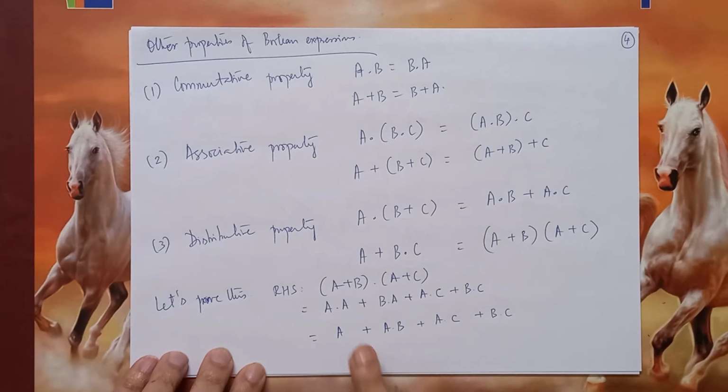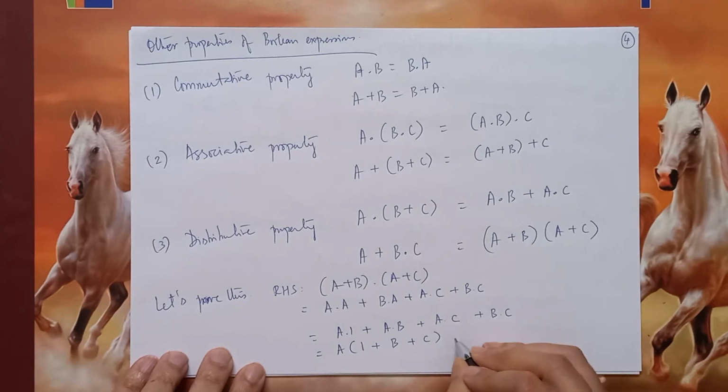Now what I can do is I can take A common in the first three terms, which is A in bracket. I can say 1, because A is nothing but A dot 1. 1 plus B plus C plus B dot C. Now B plus C, whatever it may be, we have a 1 over here.